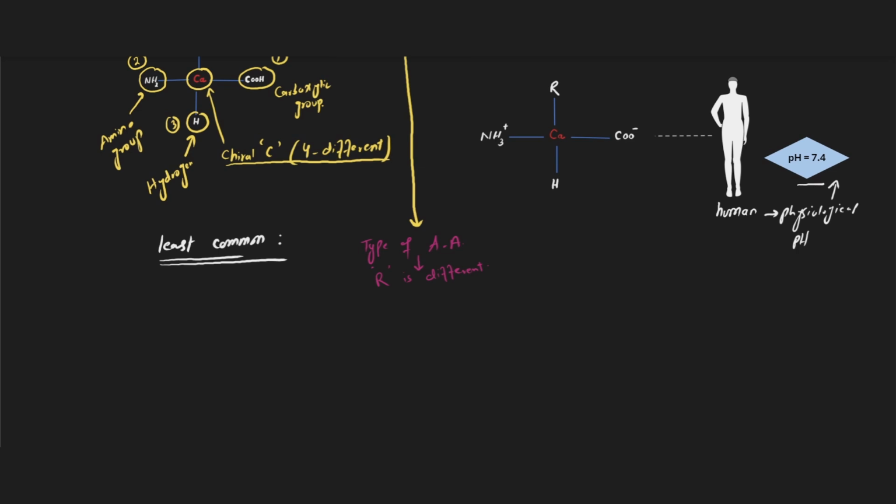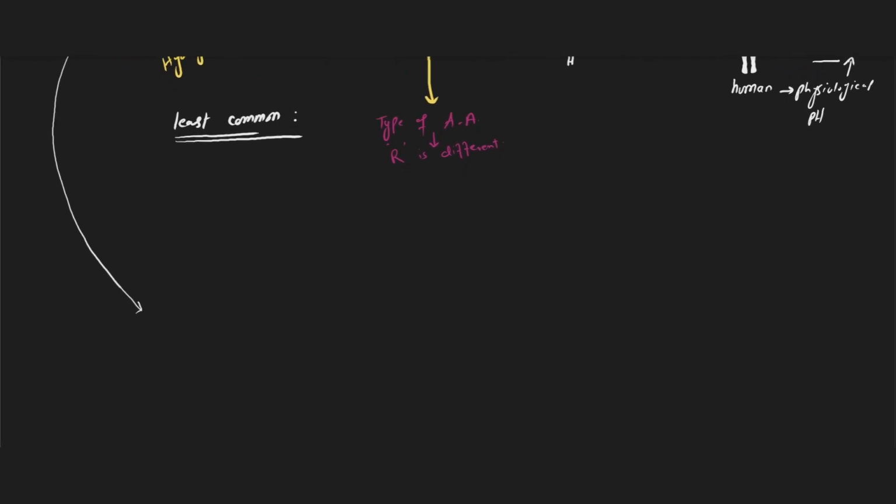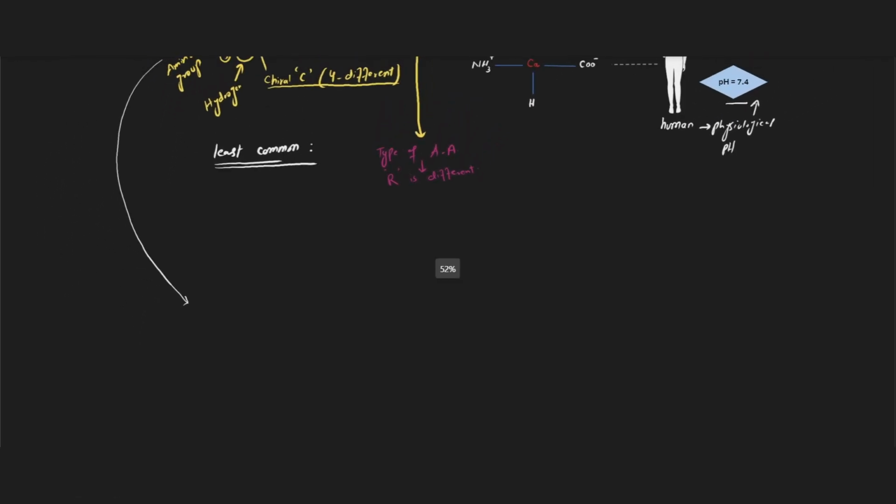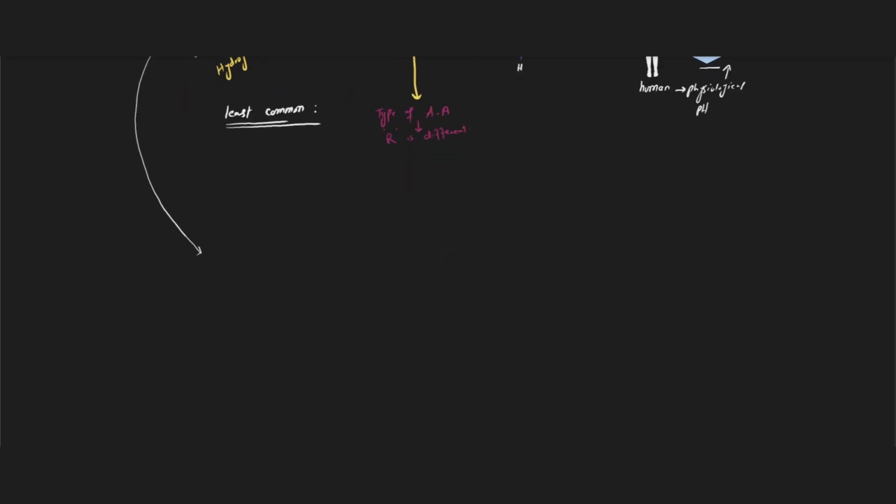I'm going to come to this structure later on. First, I'm going to make it clear how this structure is going to convert into a different type of structure at a particular pH of 7.4, and what would be the changes in that structure when the pH changes.